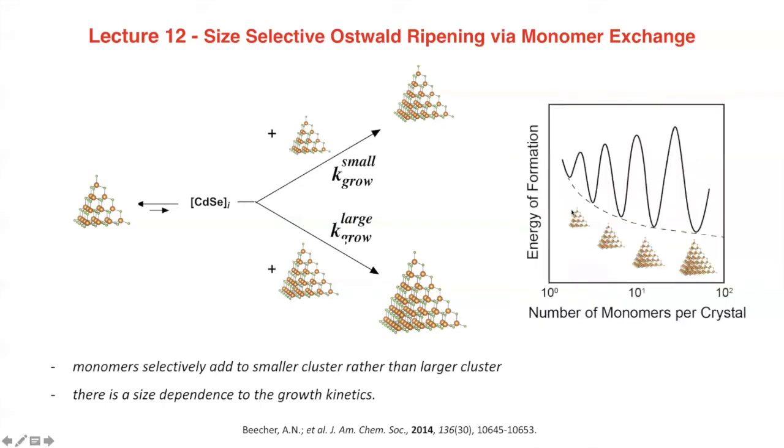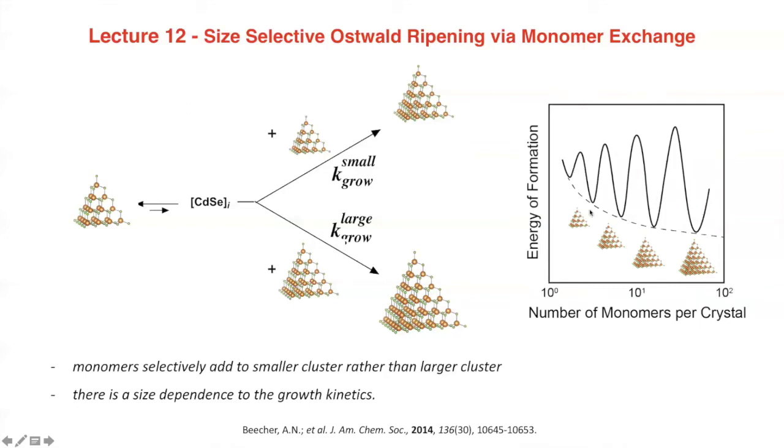Okay, so some of those findings give rise to some kind of energy diagram like this, where the energy of formation is going down, so it's becoming more thermodynamically favorable to grow to the next largest size. But it also says that there's some barrier to attachment that is increasing as you get to the next largest sizes.